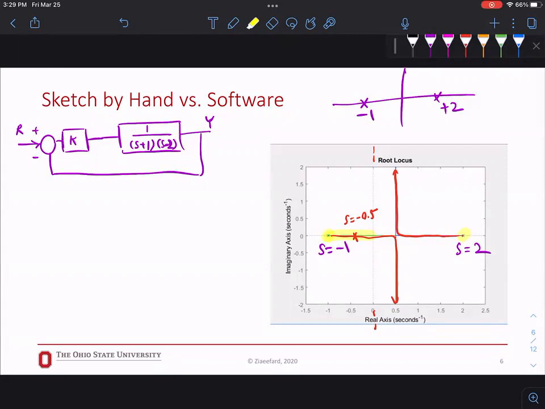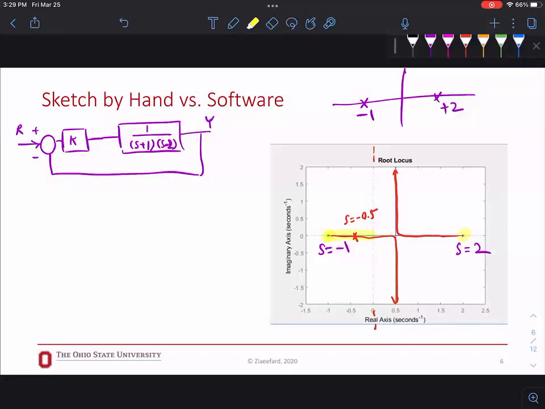Now, the dilemma for this class is we can draw by hand. Excruciating. Or we can just use the software, which is pretty easy. The thing is, if we use the software without understanding how this happened, we won't get that intuition for where to choose K, and why that K is changing the system such and such.